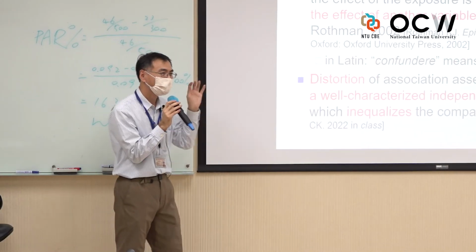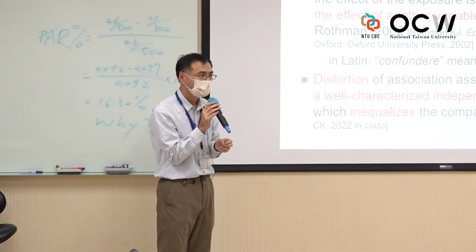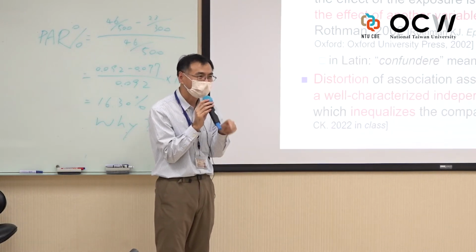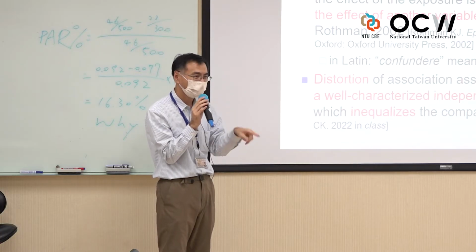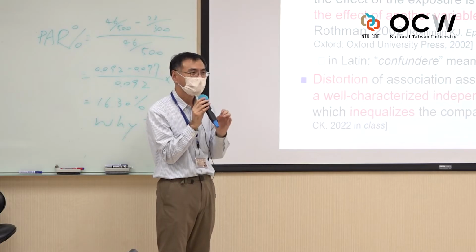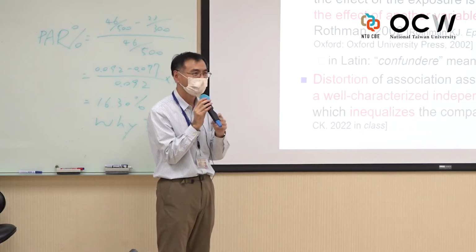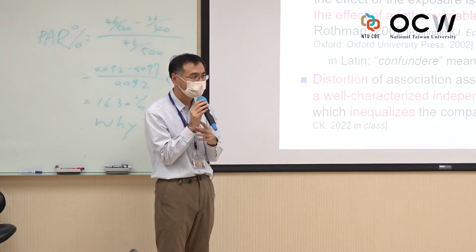Okay, it's a third factor which is very important. And the distribution of that specific exposure is very different in the two comparison groups. It could be exposed and non-exposed groups, or case and control groups, so in cohort studies like that, and case control studies like this.